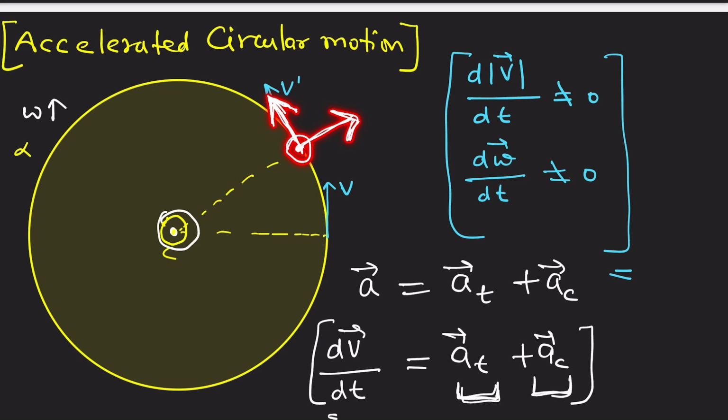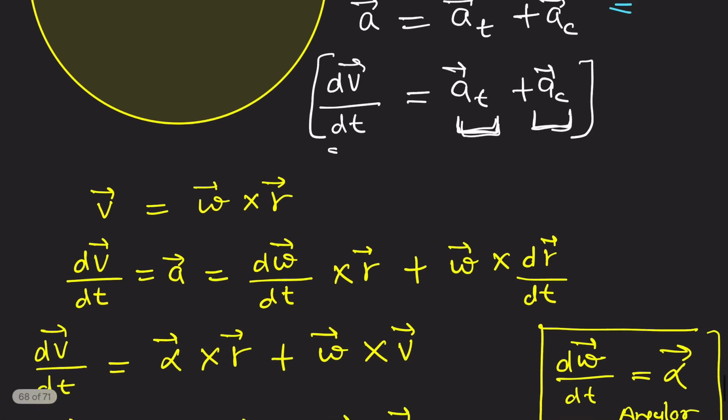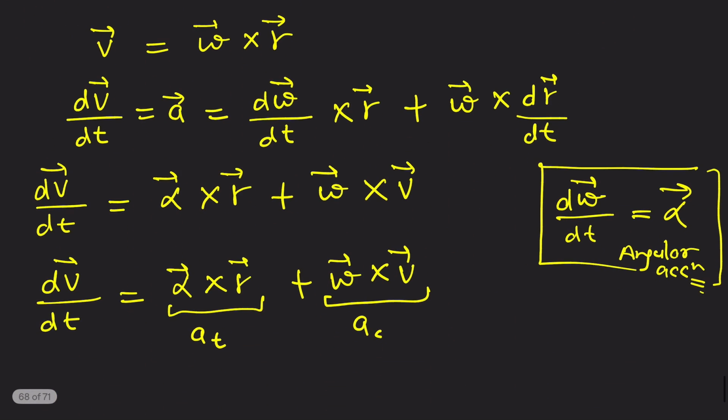So if you do alpha cross r, you will get the direction of this. Suppose this is alpha and this is the r vector, then alpha cross r will come in this direction, which you can see is coming along the tangent to the curve. It means this is nothing but your a tangential.